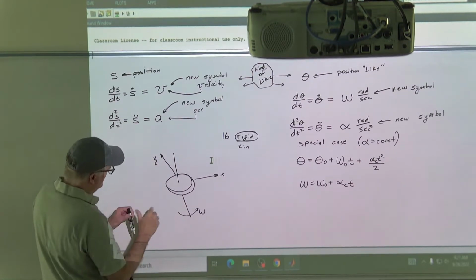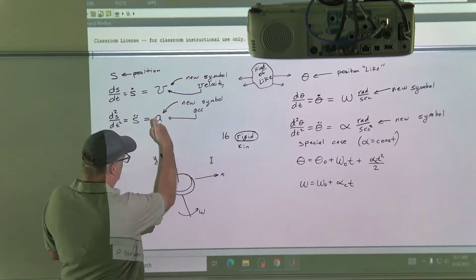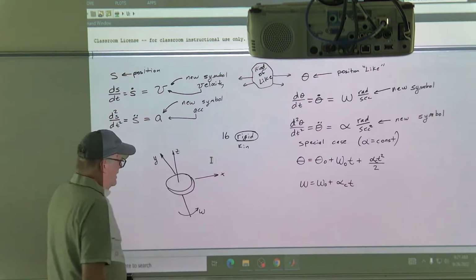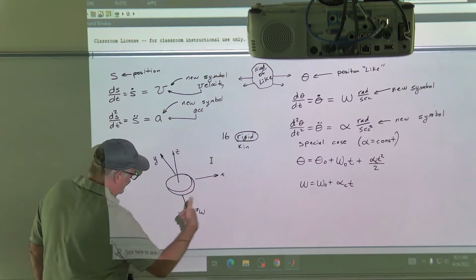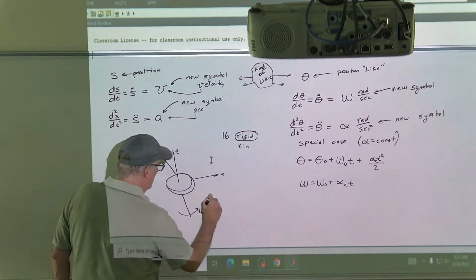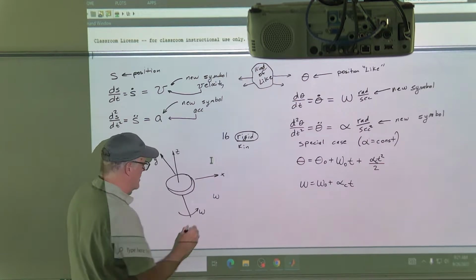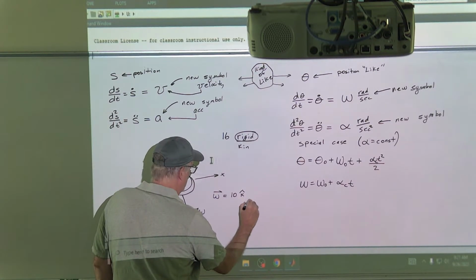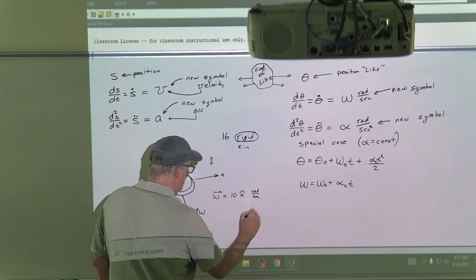Well, it turns out this concept, let's see. If you take your hand, cross it this way, that's going in the positive Z. If you take your finger, put it here, and rotate like he's saying, then the omega, and I'm just going to make up a number, is say 10K radians per second.